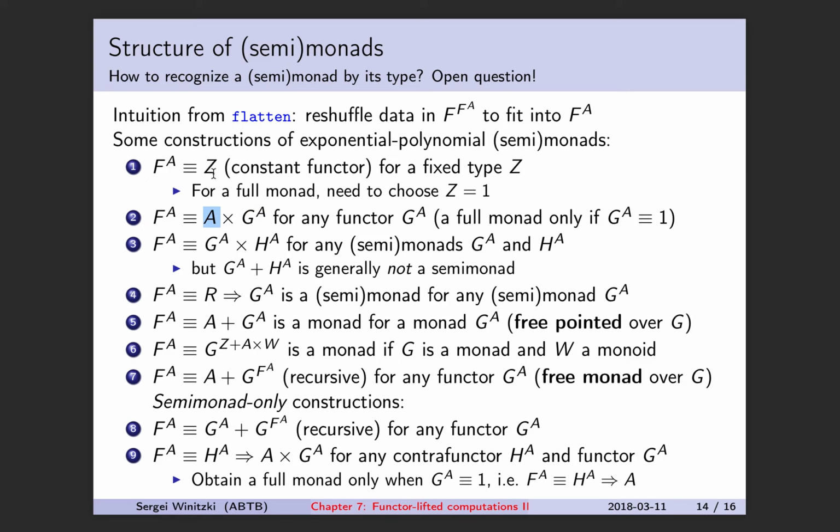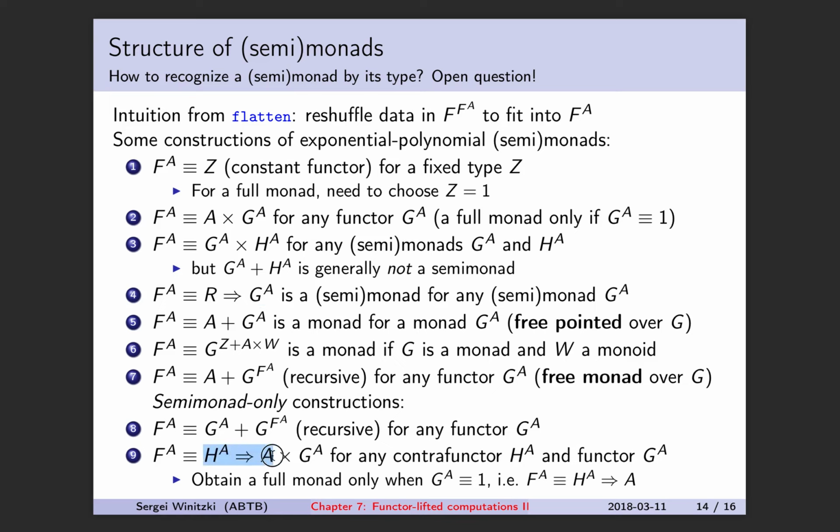So these are examples: constant monad, identity monad. Then you have a product of two monads, but not the disjunction, or sometimes the co-product as it is called. You have a function from a fixed type to a monad or semi-monad.